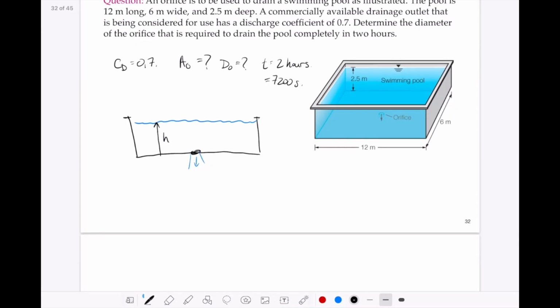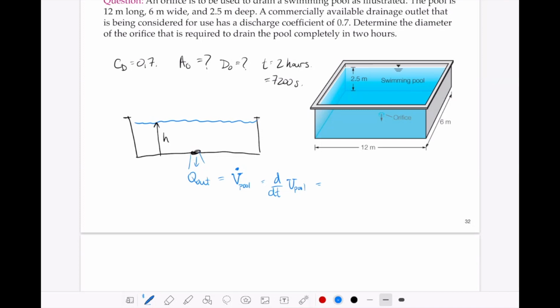And so we know that the flow rate, the Q out, must be equal to the rate of change of volume. It's a volume flow rate. It's volume per second. So this is equal to the rate of change of the volume of the pool.